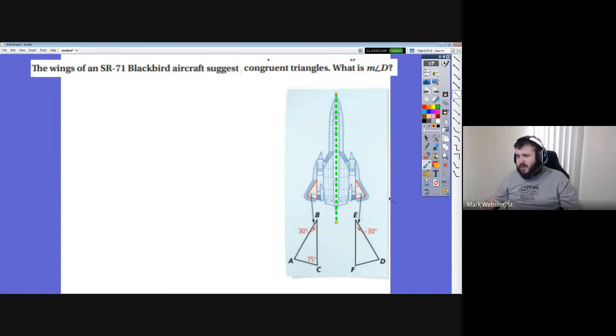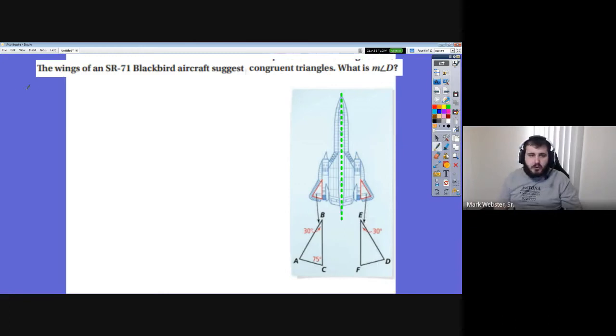So before we even begin, let's make note of that, and let's write our congruence statement here. Triangle ABC is going to be congruent to, well, look, we've got symmetry, right? So we're backwards. A lines up with D, right?